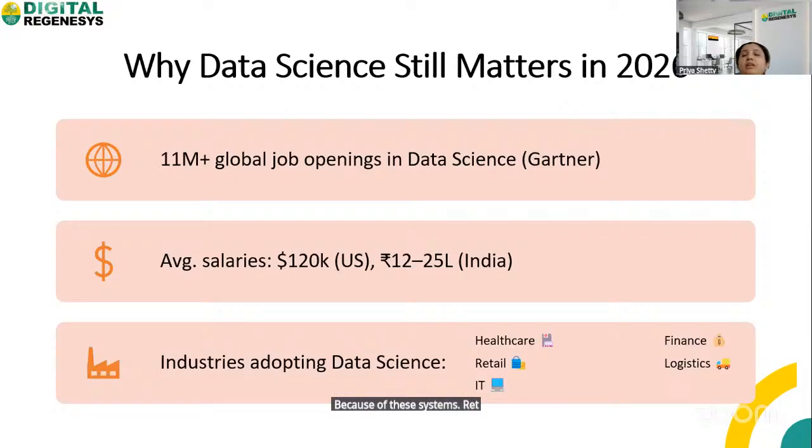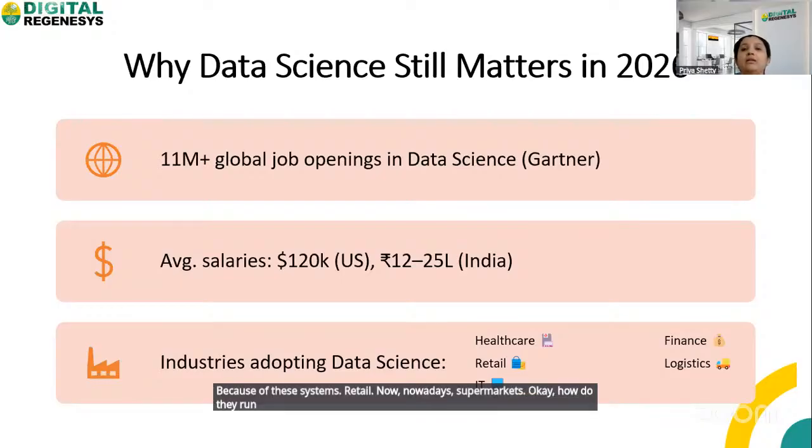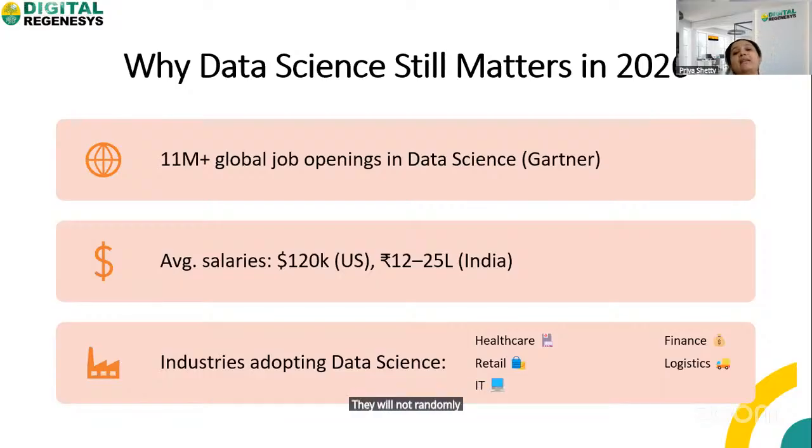Retail. Nowadays, how do supermarkets run? They analyze. They will not randomly pick a product and put it in their shop.